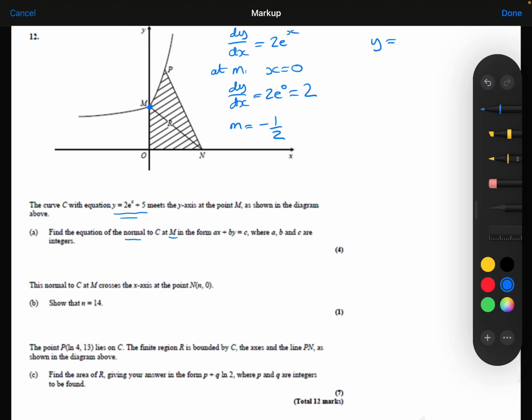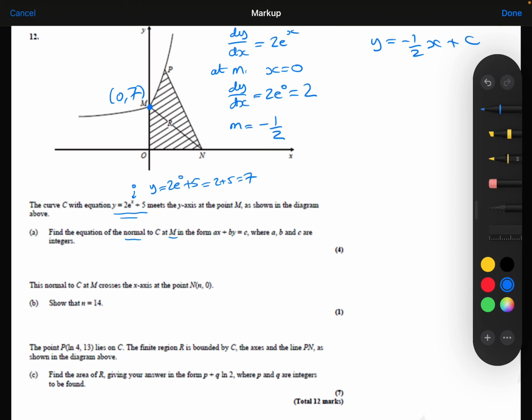I can now say y equals minus 1/2 x plus c. I need to know a coordinate to substitute into this. Well, at point M, I know x is 0. I don't know what the y coordinate is, but if I substitute 0 into the original function, I get y equals 2e to the power 0 plus 5, which is 2 plus 5, which is 7.